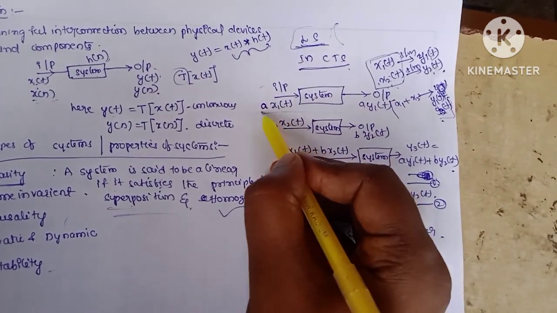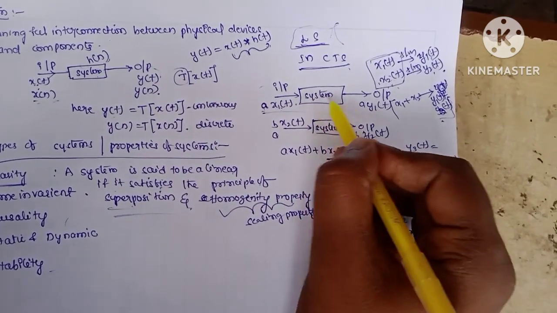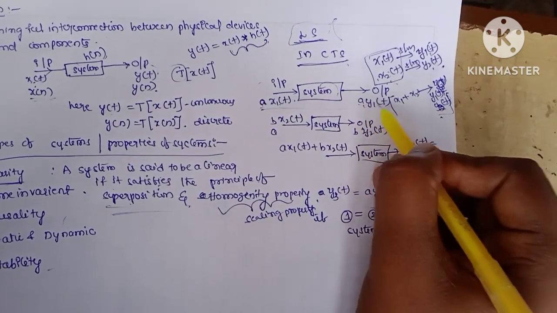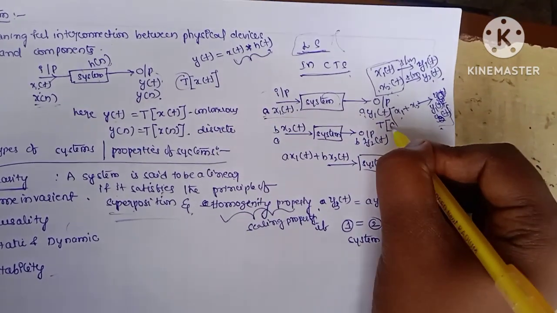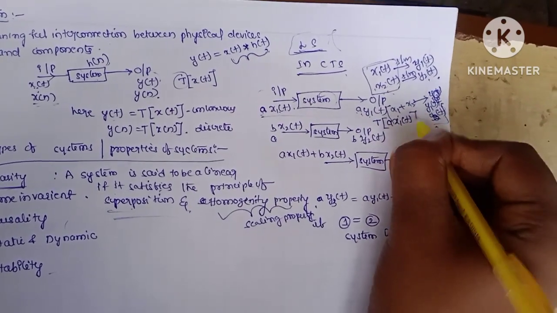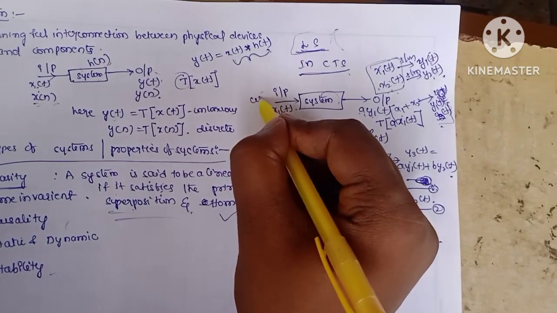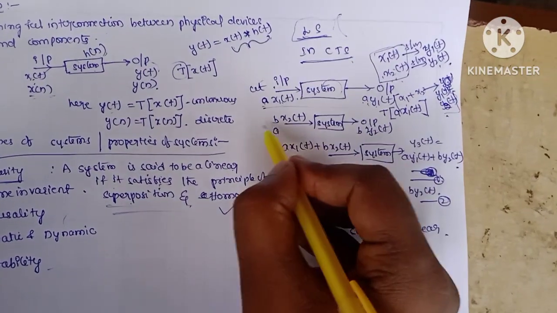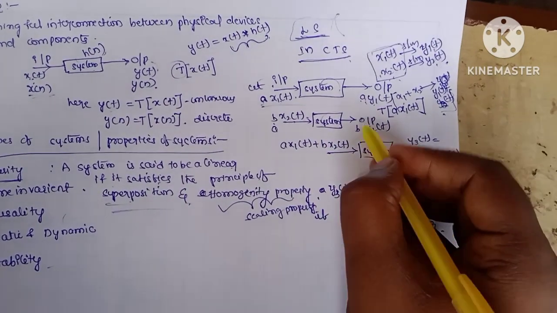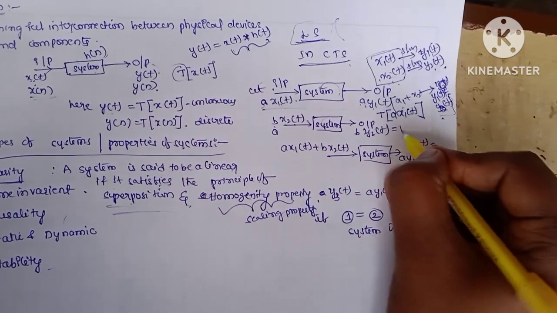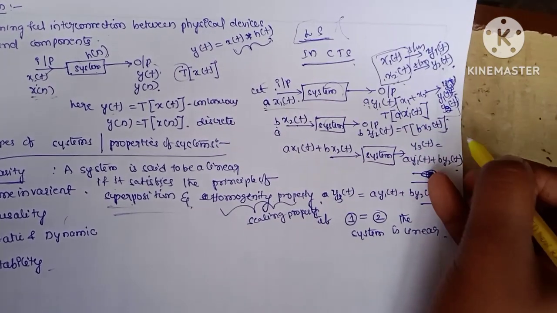I scaled with a: a x1 of t passed through the system, I got a y1 of t, which we can also write as T of a x1 of t. Similarly, b x2 of t passed through the system, I got b y2 of t, which can also be written as T of b x2 of t.